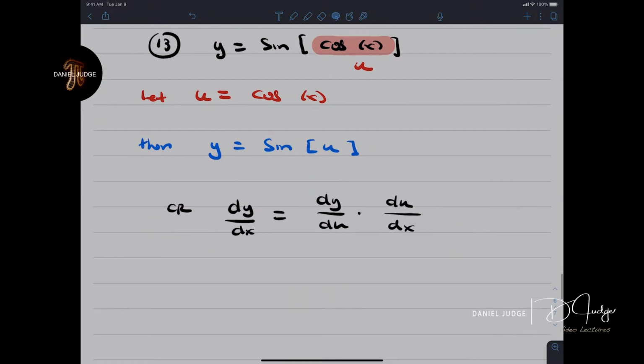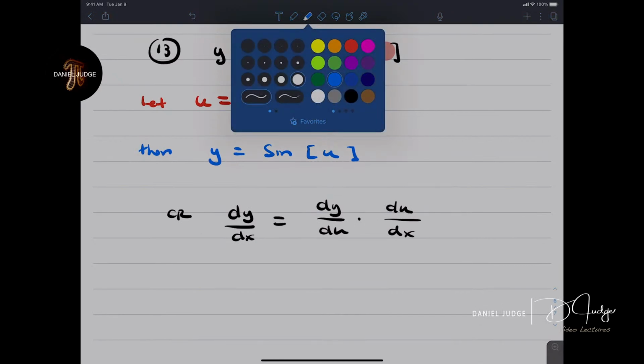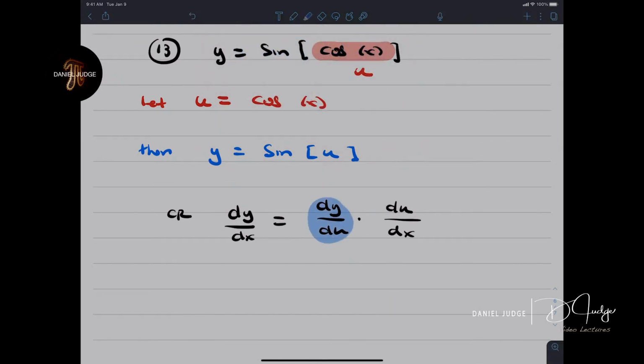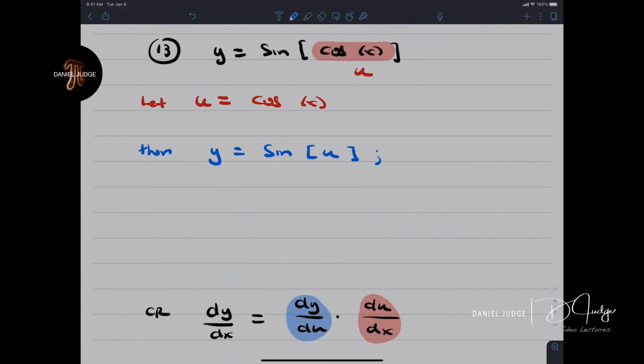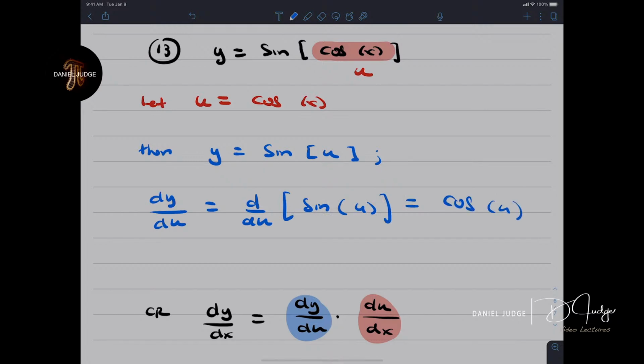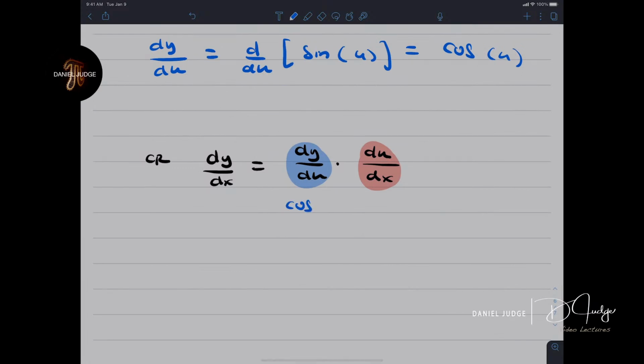We're going to use chain rule. dy du, du dx. So let's move some of these here. Dy du becomes d du of sine, which is cosine. So I have cosine u.